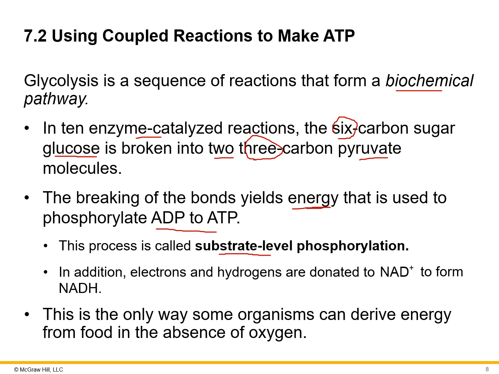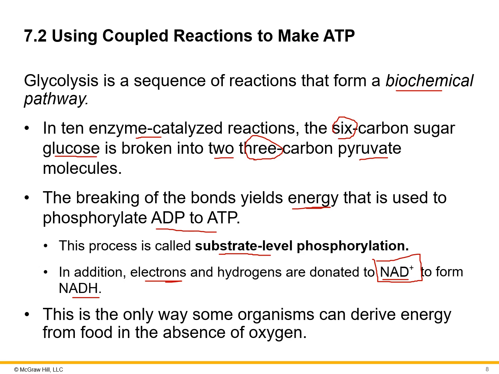So in addition to that ATP that's made, again, we have oxidation, so electrons are being released. They are picked up by NAD to form a molecule called NADH. So if we go back to our terms, NAD plus is the oxidized version. It doesn't have any electrons, so it's low energy.